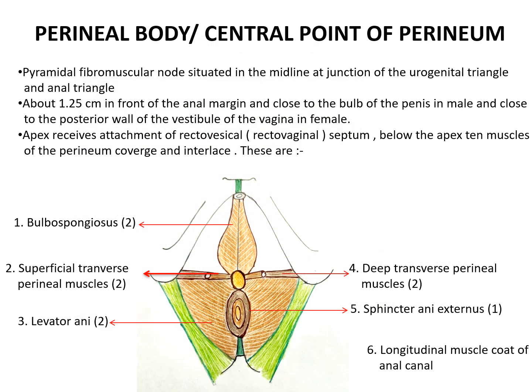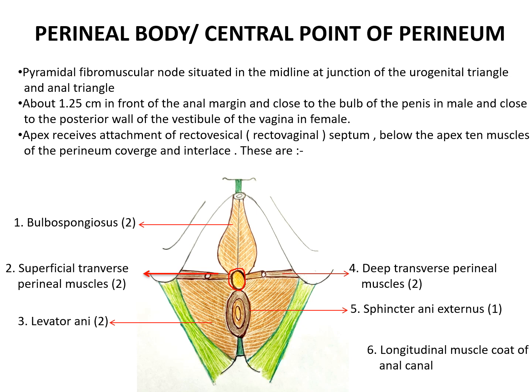The perineal body is a fibromuscular node, pyramidal in shape, situated in the midline at the junction of the urogenital triangle and the anal triangle. It is situated about 1.25 centimeter in front of the anal margin and close to the bulb of the penis in males and close to the posterior wall of the vestibule of the vagina in females.